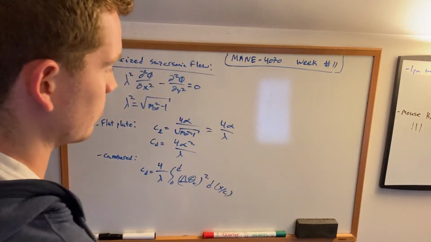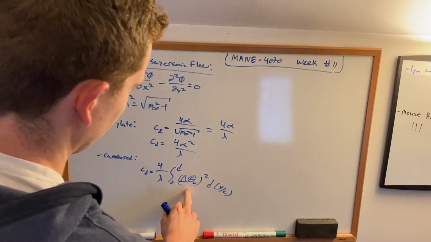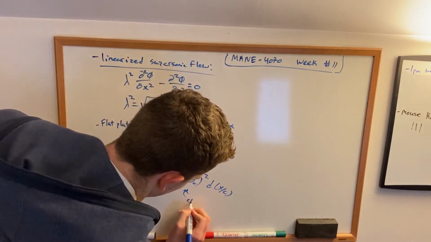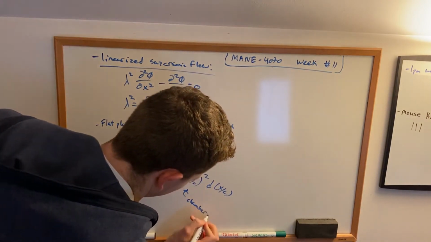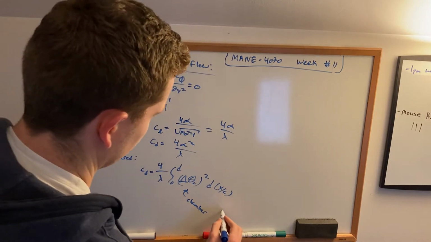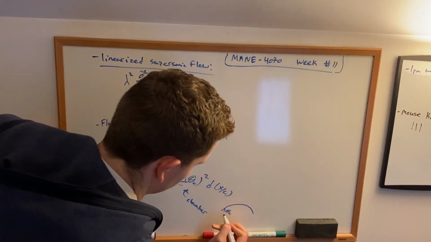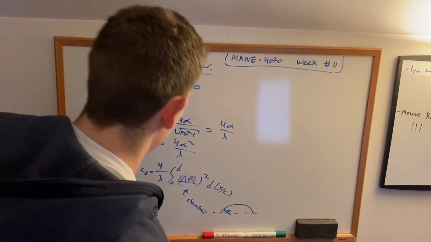This is just our normalized chord length, and theta c is the camber angle, I think that's what it's called, such that this is theta c for a cambered airfoil along its chord line.